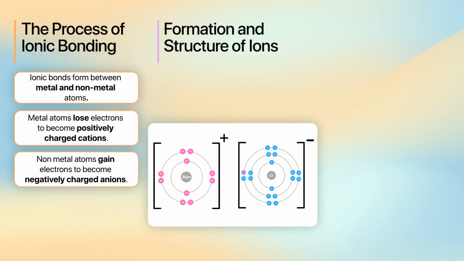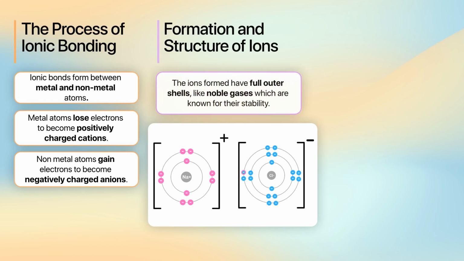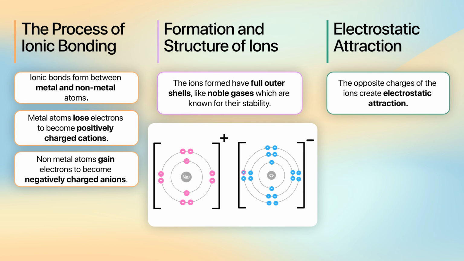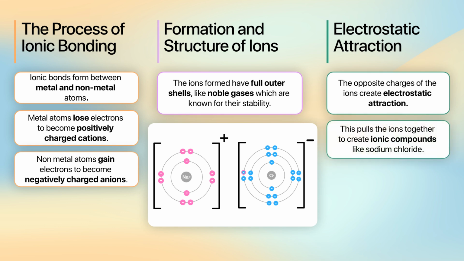We then explored how the transfer of electrons between these atoms leads to the formation of ions with full outer shells, adopting electronic structures that resemble those of noble gases, known for their stability. Finally, we covered how the opposite charges of the new ions create a bond through electrostatic attraction, pulling the ions together to create ionic compounds like sodium chloride.